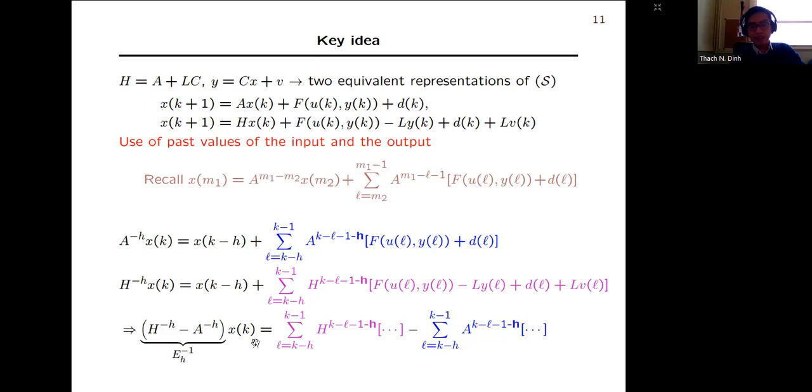And now you see that we can compute the state xk because this matrix is invertible. We have chosen S such that this one is invertible. So if we would like to compute xk, we just need to multiply both sides by ES, and we can obtain the exact value of the state xk.